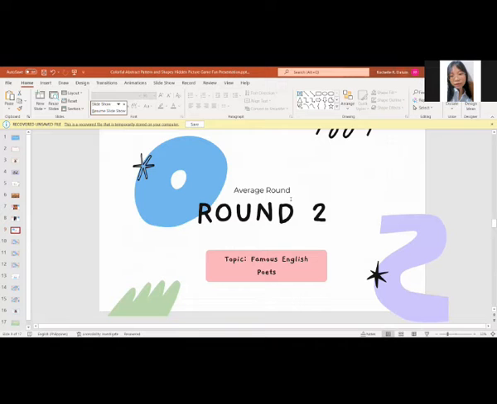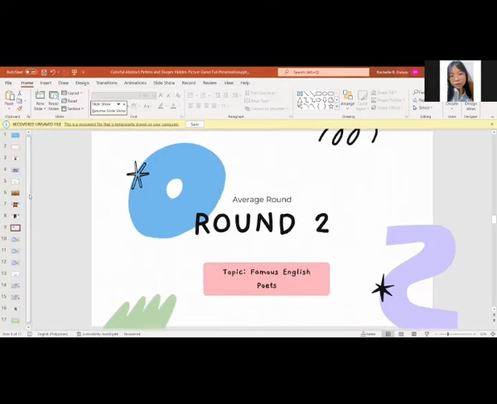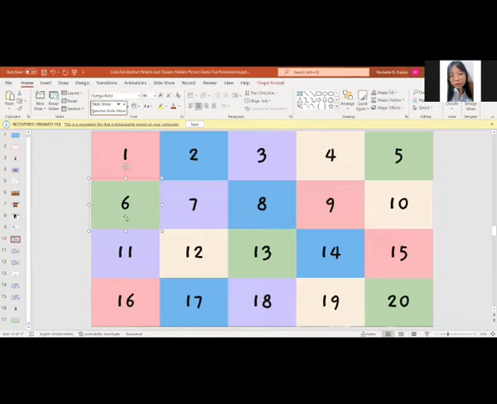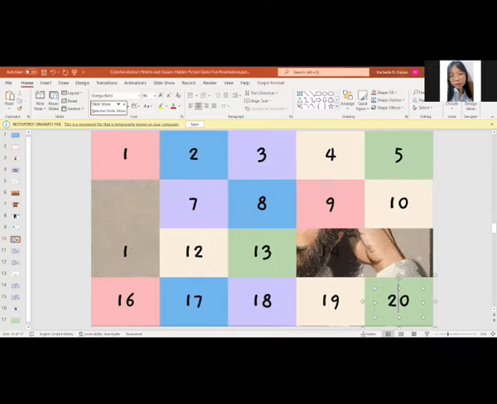The topic here is famous English poets. If you are familiar with those English poets, this is an easy round for you. Let's begin. Who is this poet, or English poet?